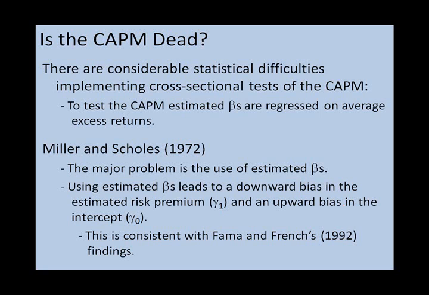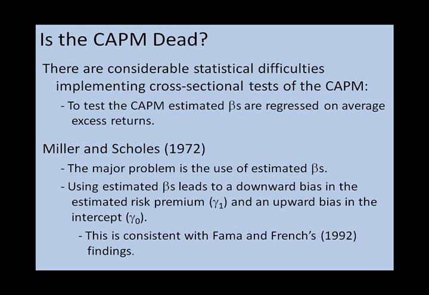The problem here is that we have to use estimated betas, not the real betas. Maybe if we had the real betas, the CAPM would hold. But because we're using estimates of the betas, maybe we've got bad estimates. And because we're using bad estimates of betas, we find the CAPM doesn't hold. But it's not because the CAPM actually fails in reality, it's because our betas are poor.